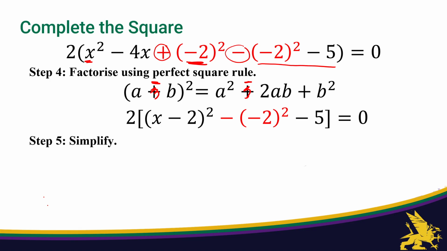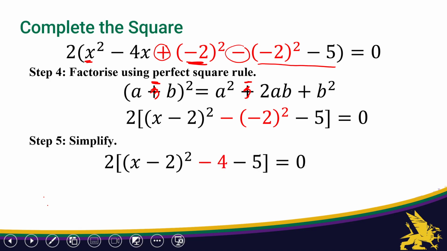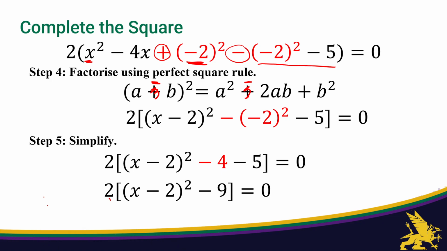We do need to simplify this now. So that means negative 2 squared becomes 4. So it's take away 4, take away 5. And then negative 4 take away 5 is negative 9. If I wanted to just keep it in turning point form, I would just expand and get rid of this second bracket.